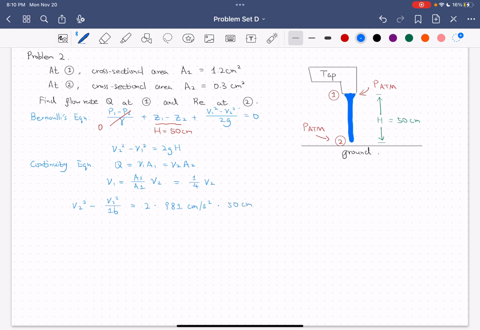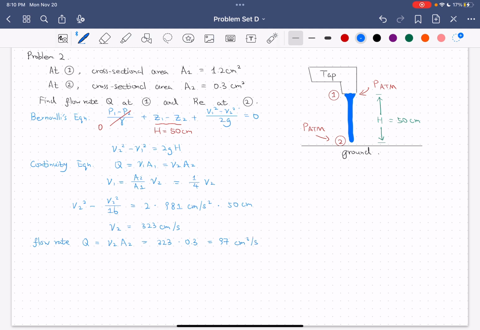And we can use a calculator to solve for V2, which is 323 centimeters per second. So the flow rate Q equals V2A2, so 323 times 0.3 will give us 97 cubic centimeters per second.